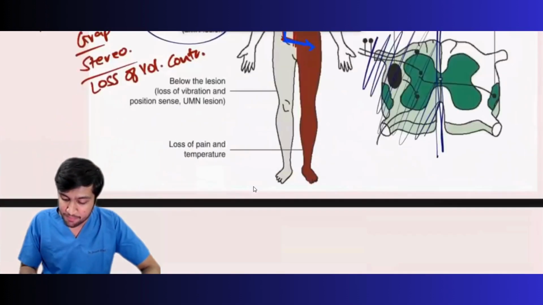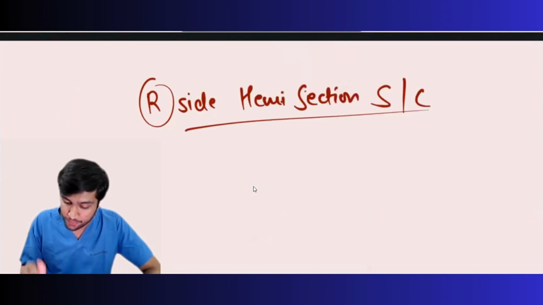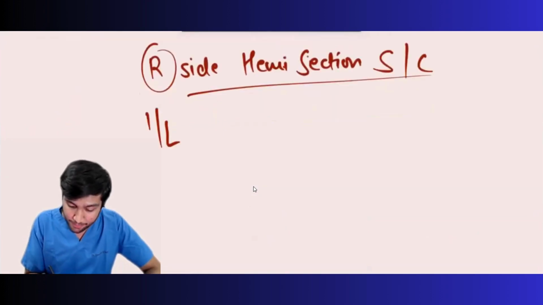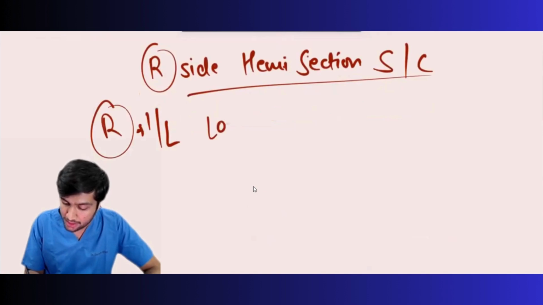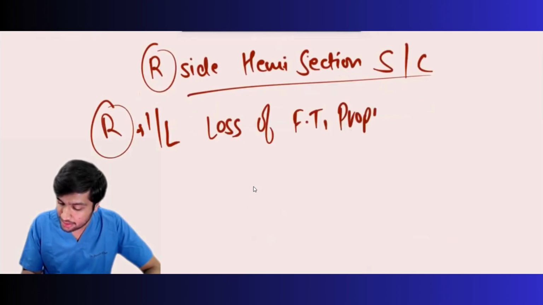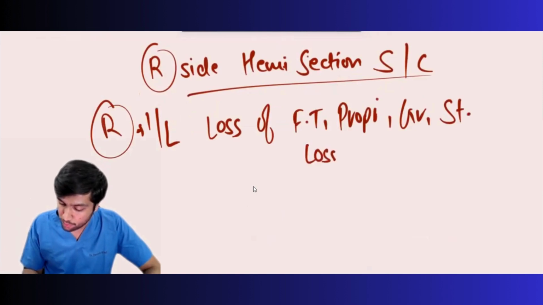So just to revise, if we are having a right-sided hemisection of the spinal cord, which is known as Brown Sequard syndrome, we will have ipsilateral, that means on the right side itself, loss of sensations of fine touch, proprioception, graphesthesia, stereognosis, tactile stimulation, tactile discrimination, and also loss of voluntary control of your muscles.